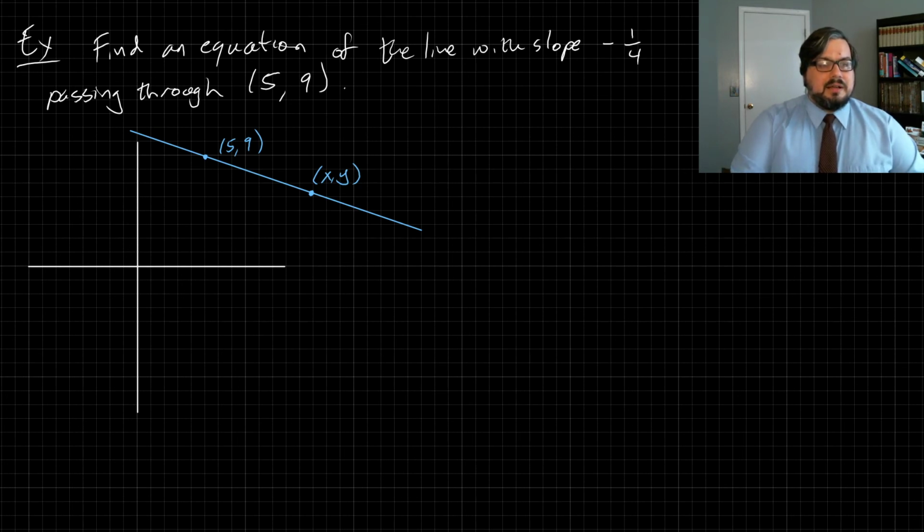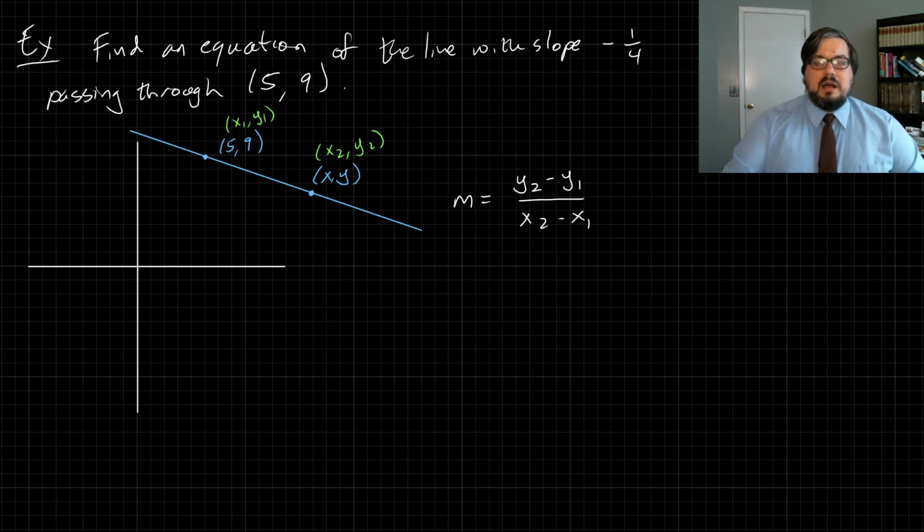So, again, we have that the slope formula says that m is equal to y2 minus y1 over x2 minus x1. And again, I'm going to use the x, y point as my x2, y2, the 5, 9 point as my x1, y1.